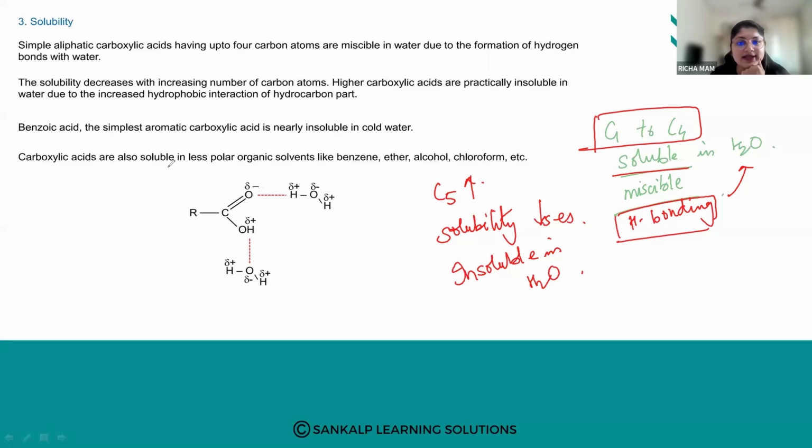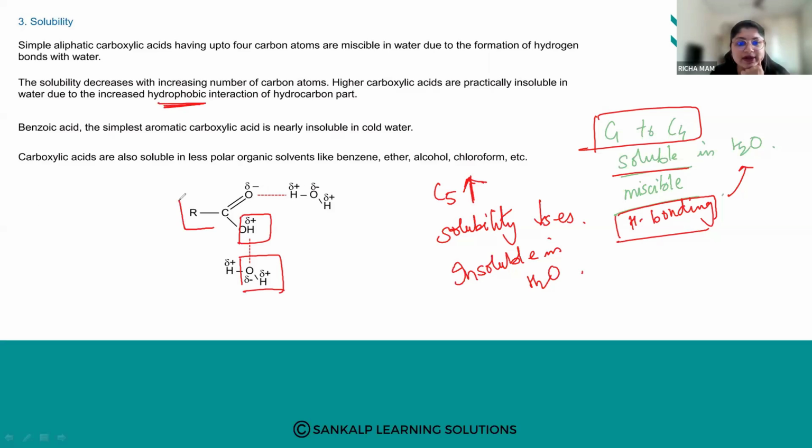Now, what will happen as the number of carbon atoms increases? What is hydrophobic? The water-hating part. Only the electronegative atom will be forming the hydrogen bonding.